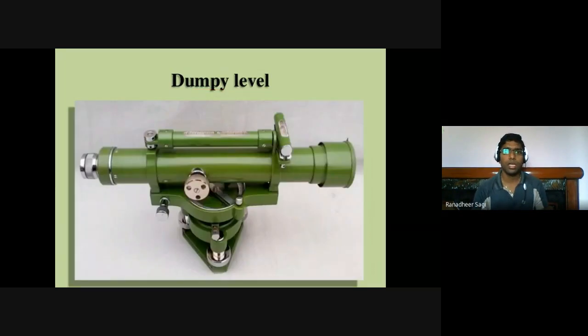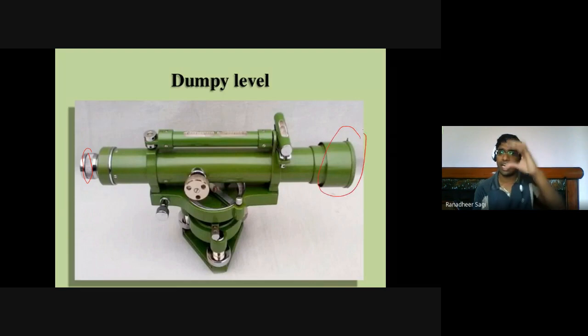This is how your dumpy level typically looks. To your eyepiece, you have an adjustment screw, so that now you can properly focus your vision. And at the objective other end of your telescope also, you have an adjusting knob.